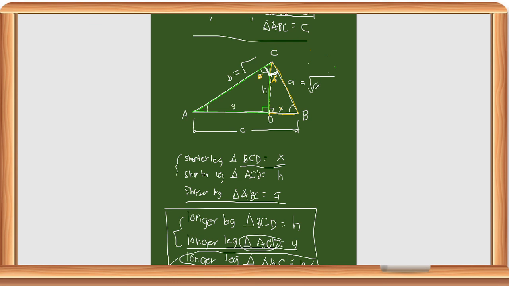May C palagi yan dyan. Ito C. Ang kasama nito would be this one, no? Yung involved dito sa triangle na to, which is X. Ito naman, ang involved naman dito sa triangle nito is Y. Ganyan lang kadali tandaan, no? And for the H, ito yung pinakamadali, it is also the square root of the product of the two, which is X times Y.